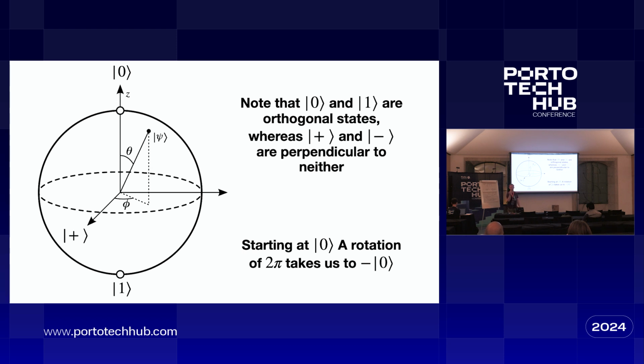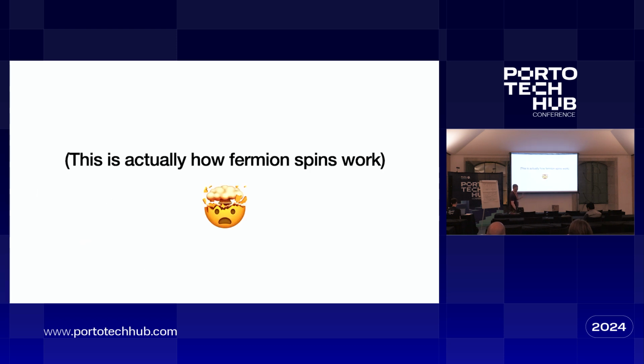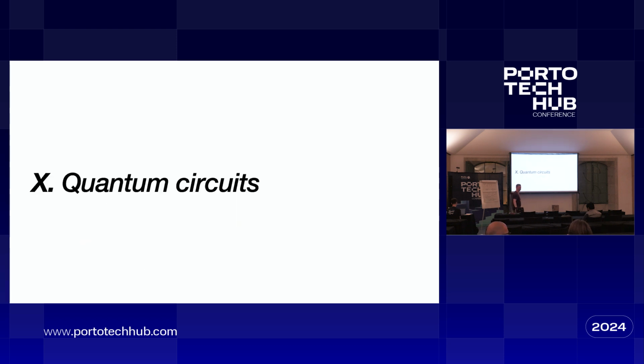If we just have one qubit, that's nothing because that's just a global phase and its effect is irrelevant. If we have 2 qubits and we rotate one of them by 360 degrees, we do not get back the same quantum state. And apparently that's how electron spins actually work. It's crazy, right?